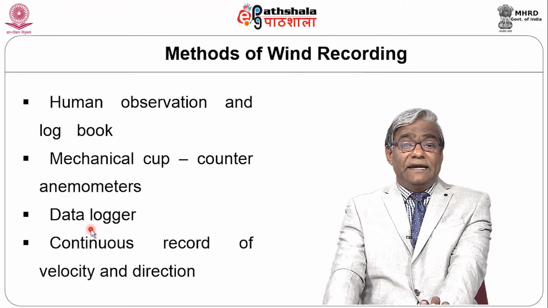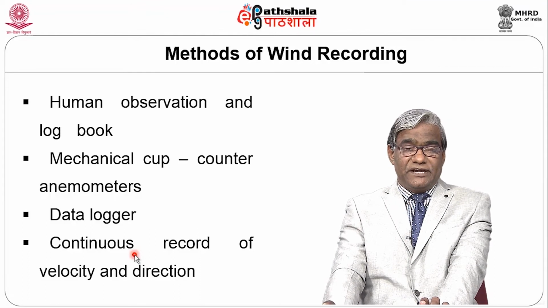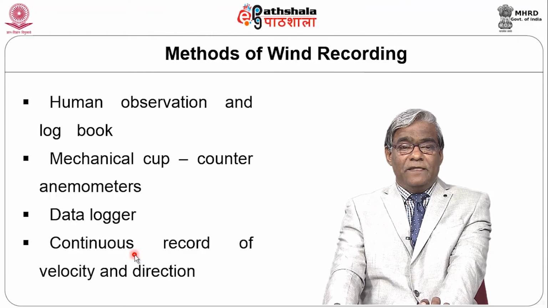But nowadays data loggers are there, and each and every second data could be stored in the data logger, and the continuous record of velocity and directions also could be measured. The wind direction and the wind velocity, everything can be recorded continually.